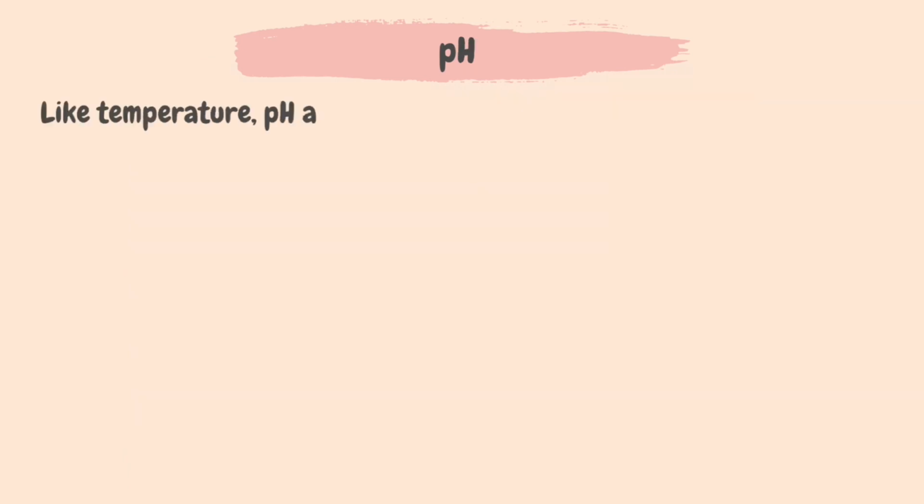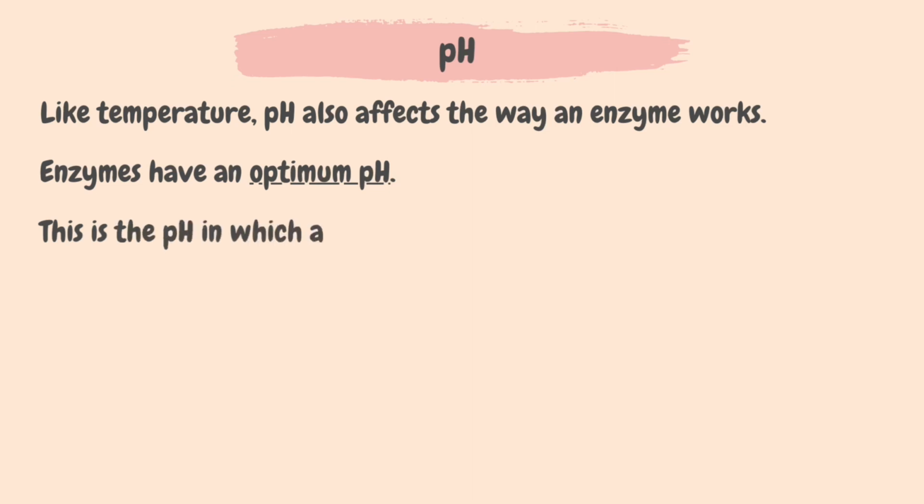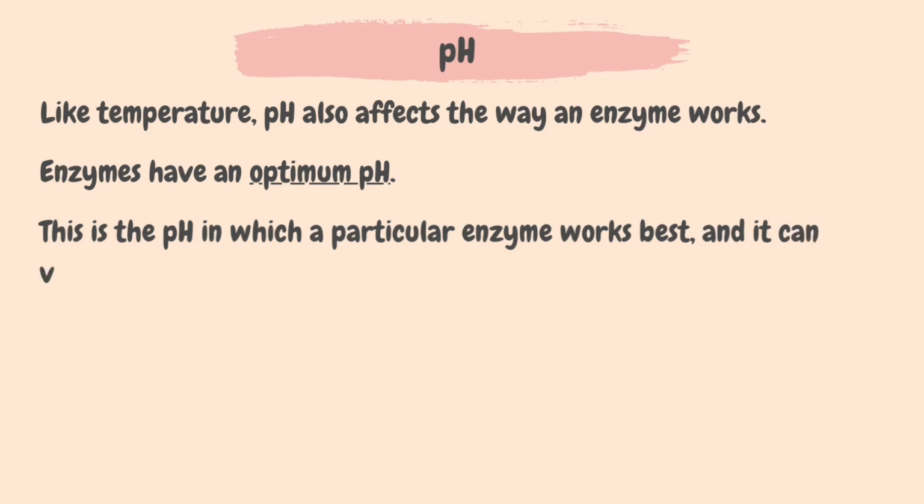pH is the other factor that affects enzyme activity. Enzymes also have an optimum pH. This is the pH in which an enzyme works best, and different enzymes may have a different optimum pH.